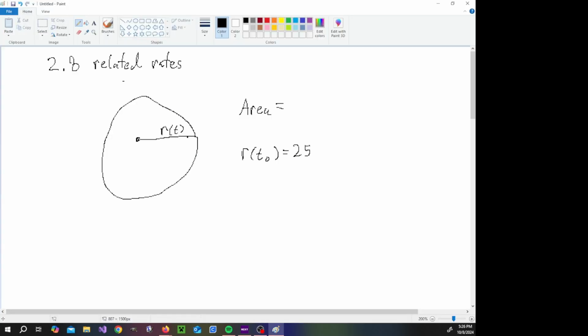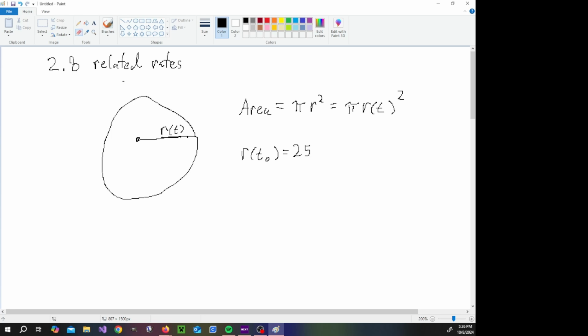So in order to find the change of the area, we need to find the formula for the area in the first place, right? So our area of a circle is the classic pi times our radius squared, but we recognize our radius isn't just a solid static number, it's not a constant term. Our radius is changing over time. So I wrote r squared, but it would be more accurate in this case to say r of t squared.